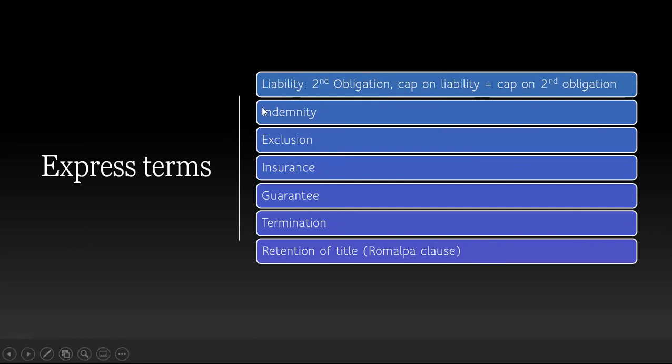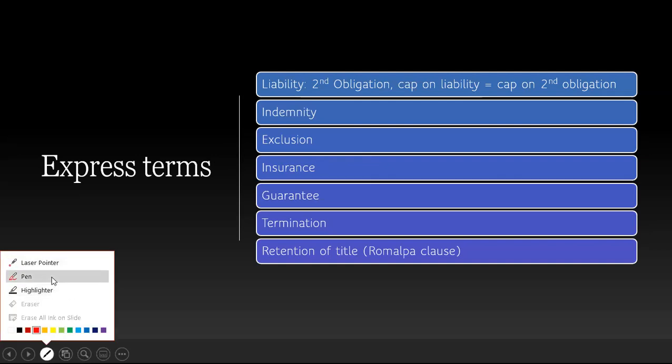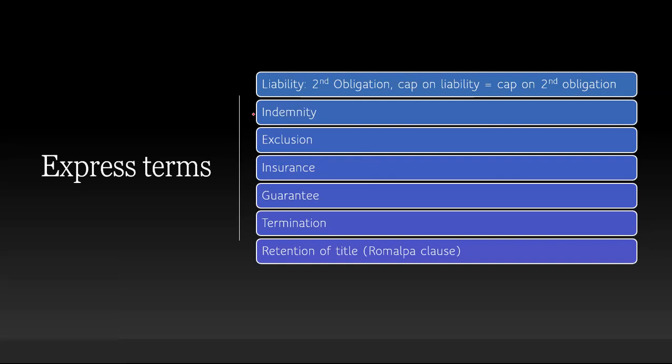Also, they may ask you a question on an indemnity clause or exclusion clause or insurance clause. To solve this type of question, first I suggest you list some key points. For example, when we talk about indemnity, what is it?